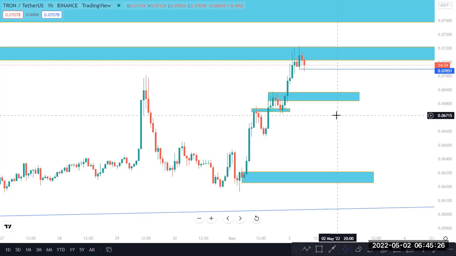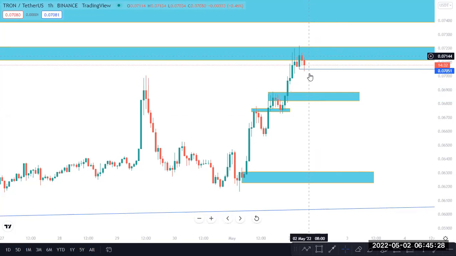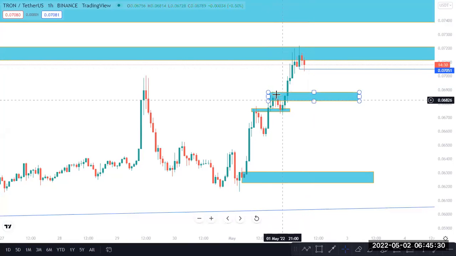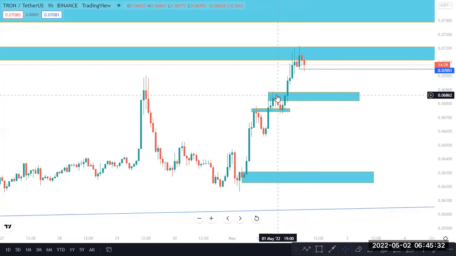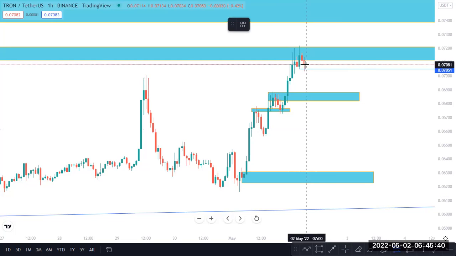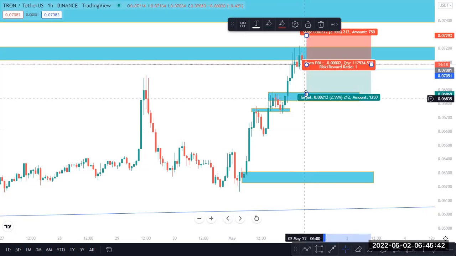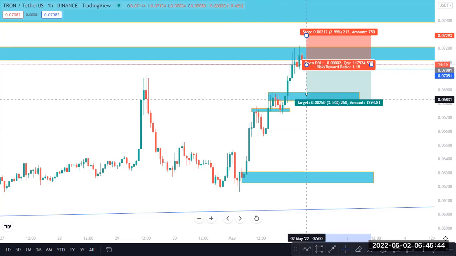Let's say this coin goes down and hits your first take profit. So yes, lock this profit. Let's say it was a short entry like this, and the coin has just hit your take profit.